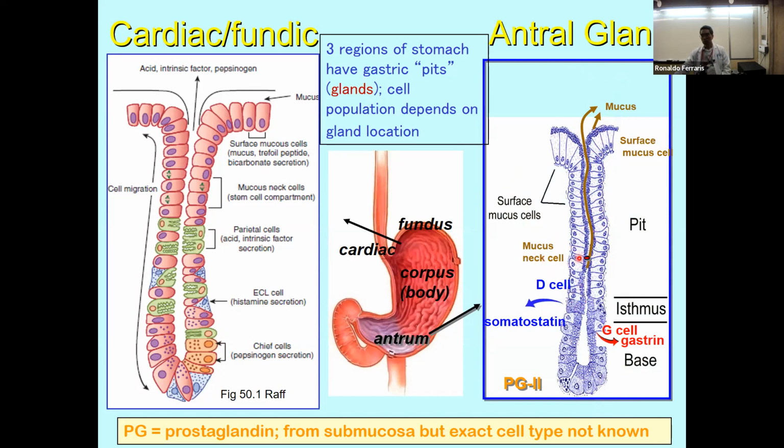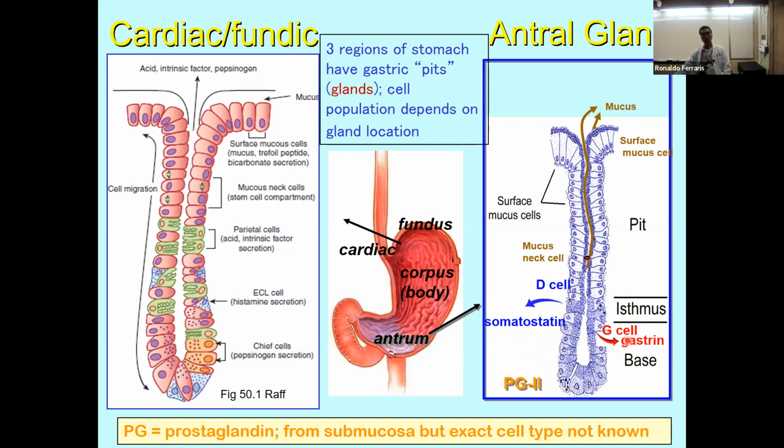Then mucous neck cells migrating down differentiate into D cells, D as in David. The function of D cells is to make somatostatin, which is secreted into the blood side. Somatostatin is mainly a paracrine, sometimes endocrine, secretion, and I will describe its function in the next couple of lectures.